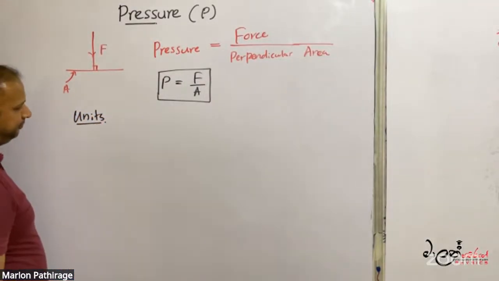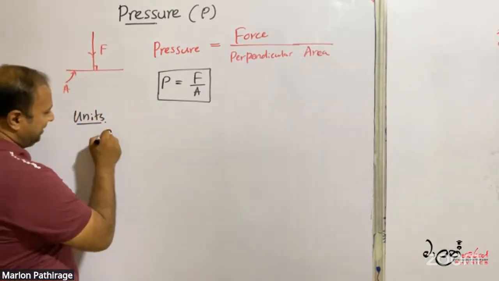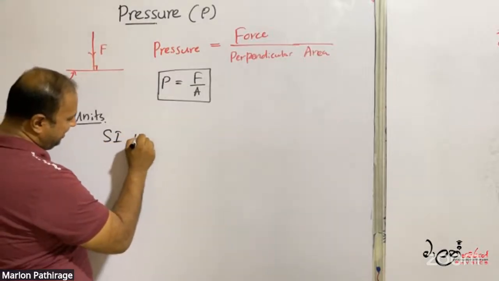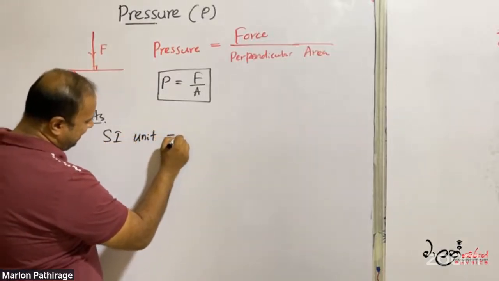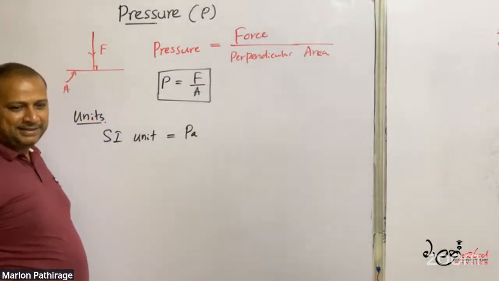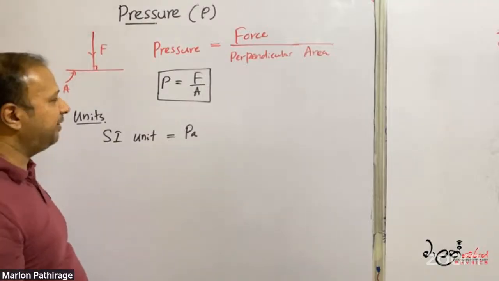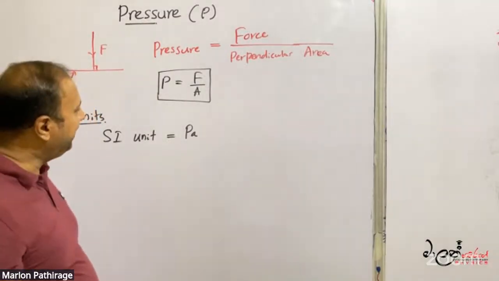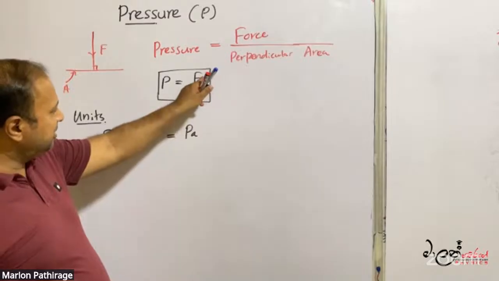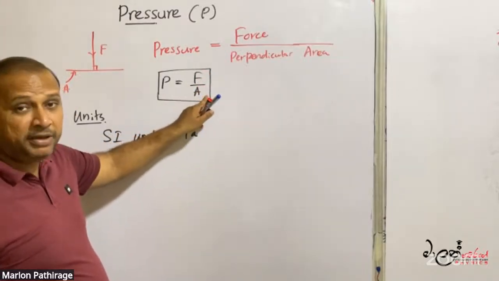Units of pressure. The SI unit is Pascal. Using this equation, force is measured in Newtons and area in square meters.